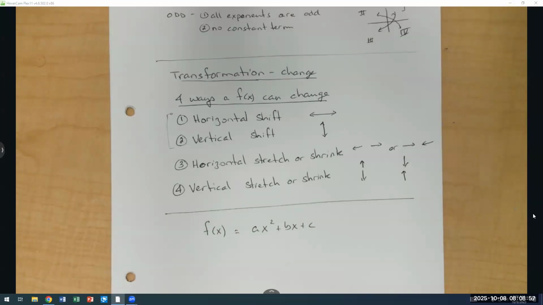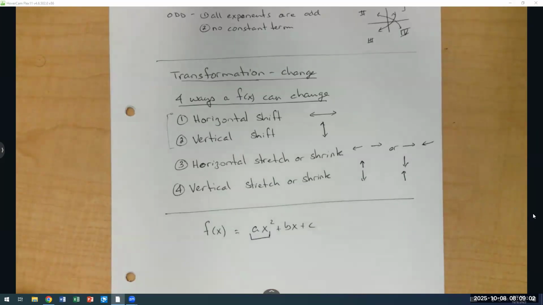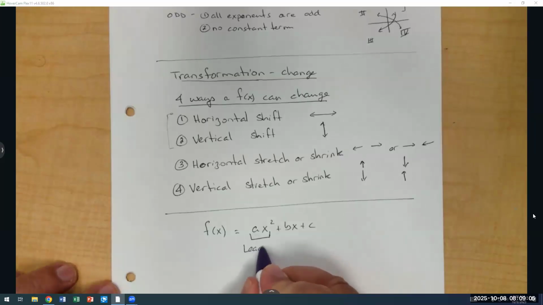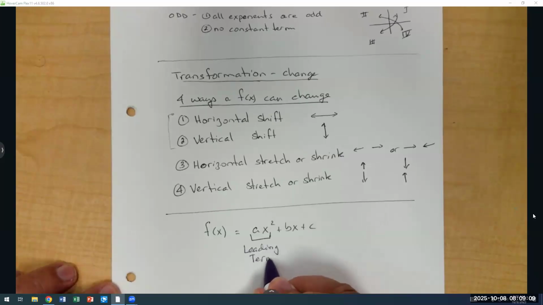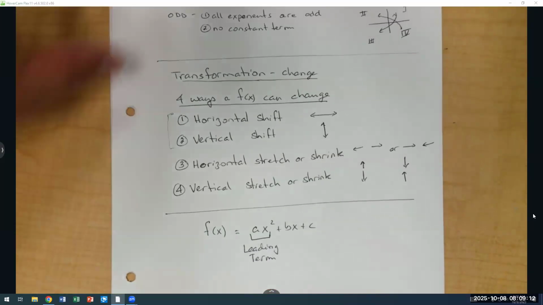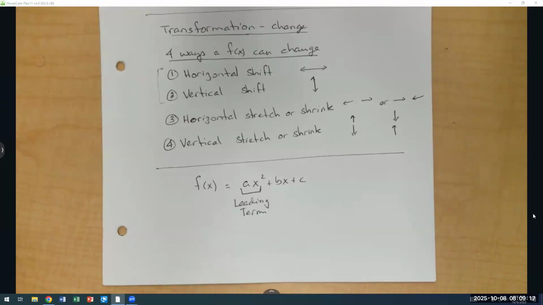To help you determine this, always look at the first term. This is called the leading term. The leading term tells us pretty much everything we need to know about the graph itself. It tells us what kind it is, how many vertices we're going to have, how many times it can cross the x-axis, everything, which direction it goes.